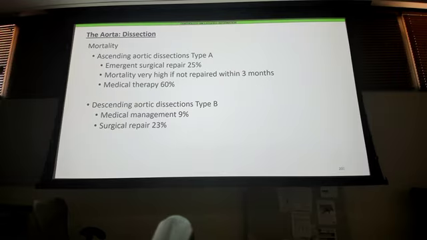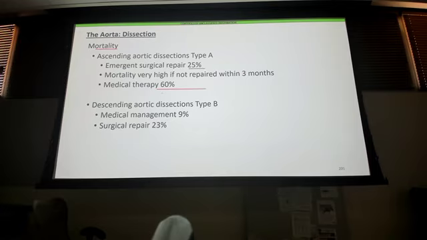And the reason we have that difference between treatments is the mortality rate of somebody with a type A is 25% with surgery. But if we don't treat them with surgery, and we try to treat them just medically, they carry a 60% mortality rate.